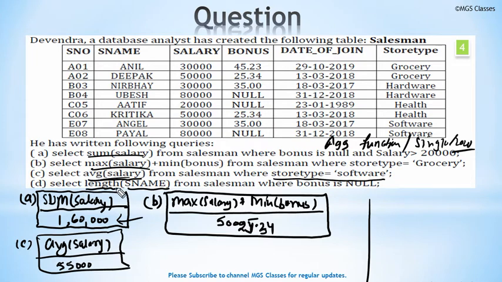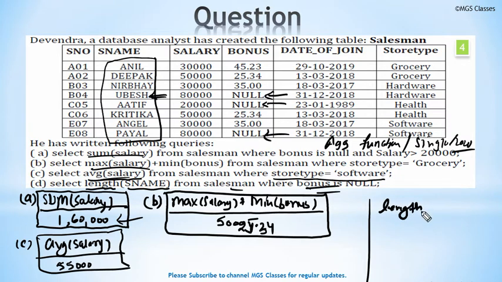So he is interested in calculating the length of sname only for those salesmen whose bonus is null. There are 3 rows for which this bonus is null. So only for these names we need to apply the length function. Whenever we apply the length function on any string value like ubase, it will count the number of characters in ubase.